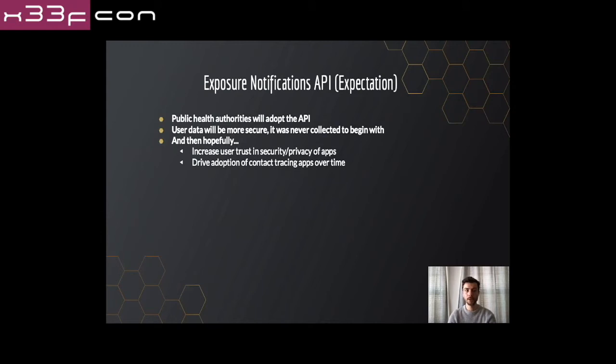So Google and Apple genuinely possess the belief that by designing applications with security and privacy top of mind, users who consume those applications will see value, they will trust those applications, and it will actually drive the utility of contact tracing applications in helping prevent the spread of this disease.